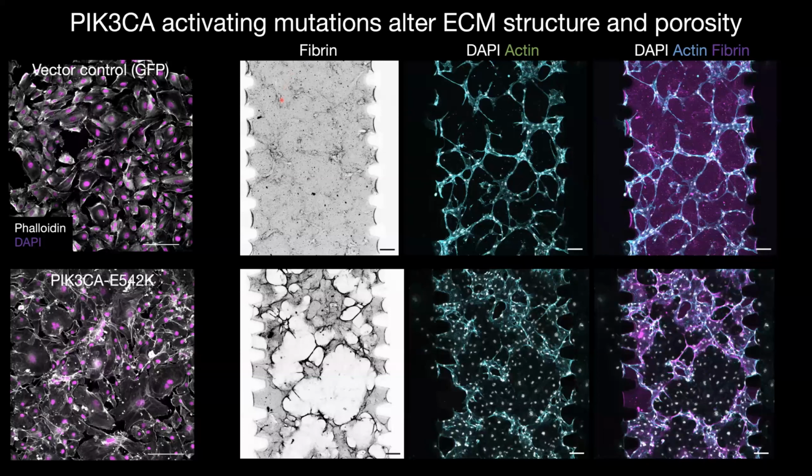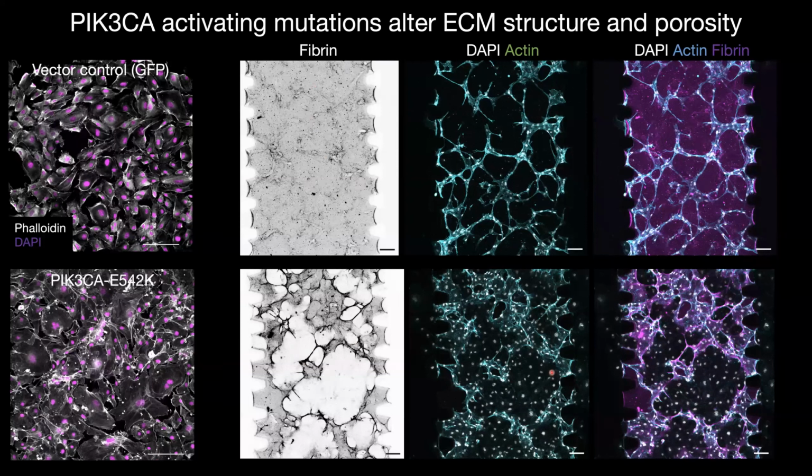And I think most striking in the fibrin channel, so this is an inverted image where the dark signal is a fluorescent fibrinogen that's incorporated in a fibrin hydrogel. We see really large gaps in cells expressing the activating mutation that are not present in the empty vector control.